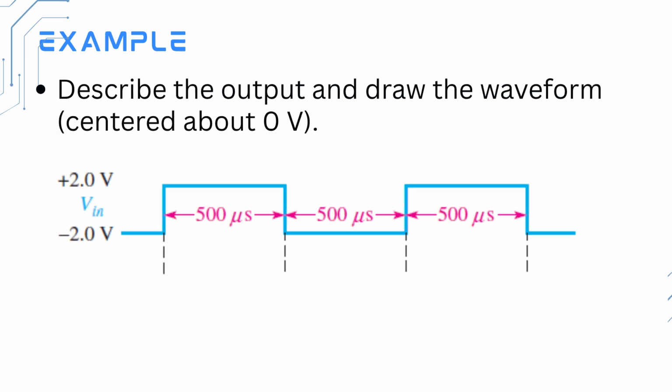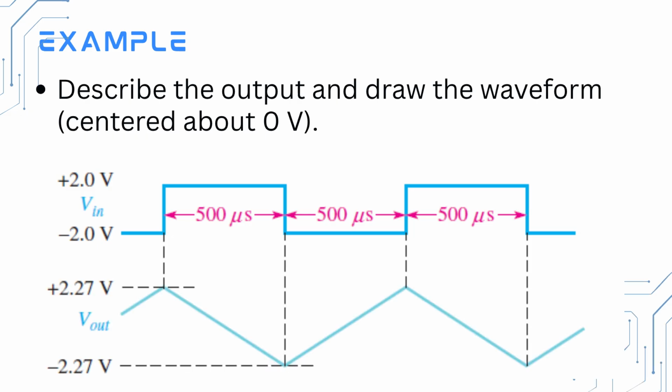In the last part, we're going to describe the output and draw the waveform centered about 0 volts. From the given input of positive and negative 2 volts, our V out, when the capacitor discharges, the rate is the same except it produces a positive going ramp.